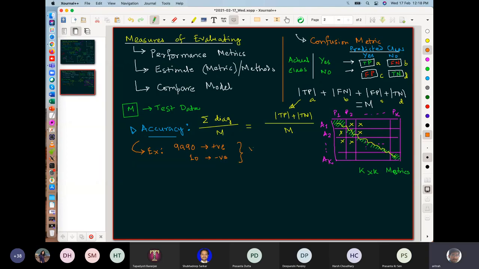Now suppose your classifier is designed in such a way that it says everything is positive, positive for all. Therefore, you can easily sense that the accuracy of your classifier is basically 99.9%, right?